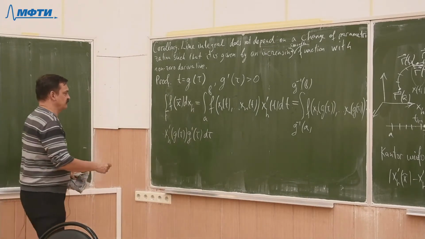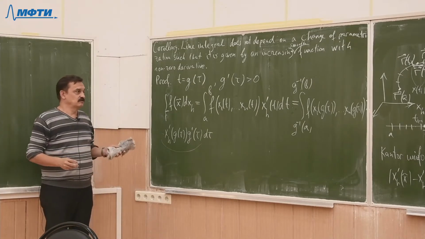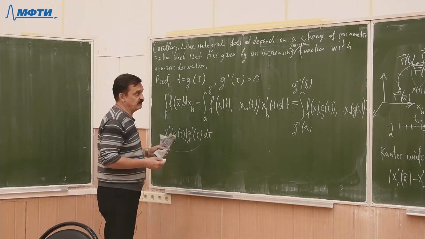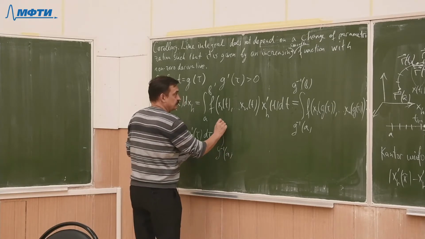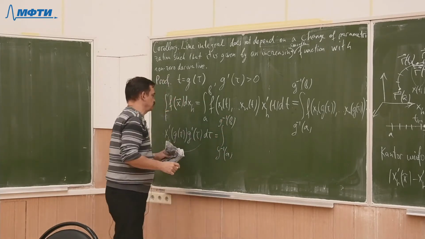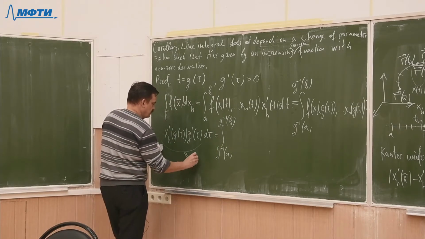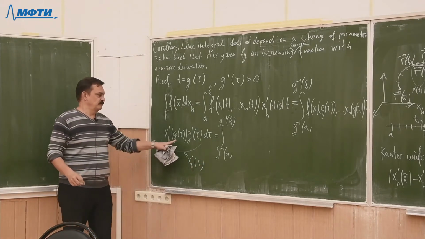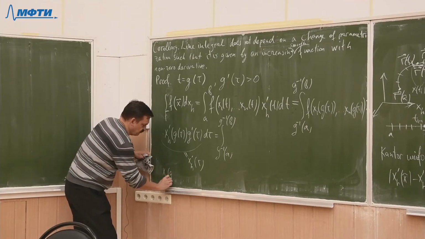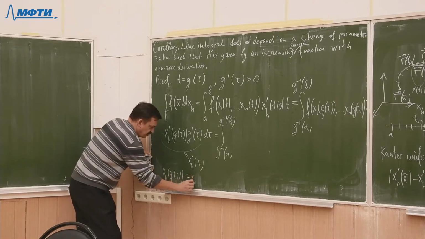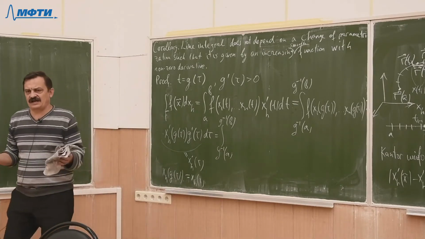Then what is written here? According to the chain rule, we have the derivative of, so I'll write shorter like that, xh prime of tau. If I denote xh of g of tau shorter by xh of tau, that is not correct, rigorously speaking.